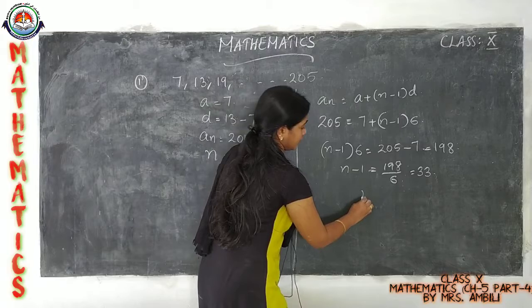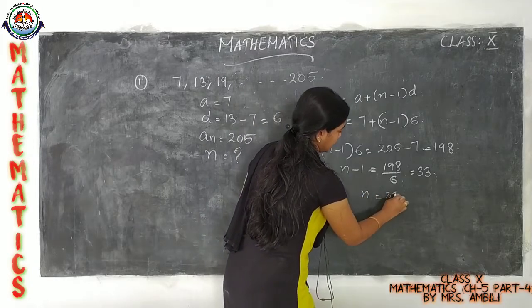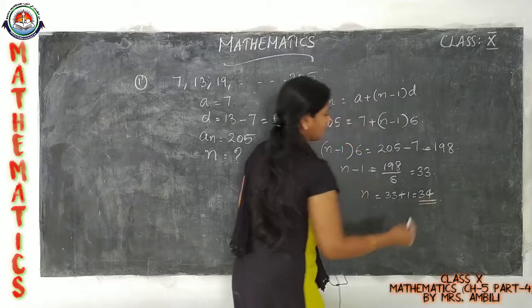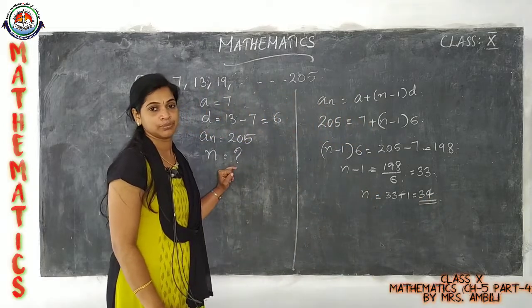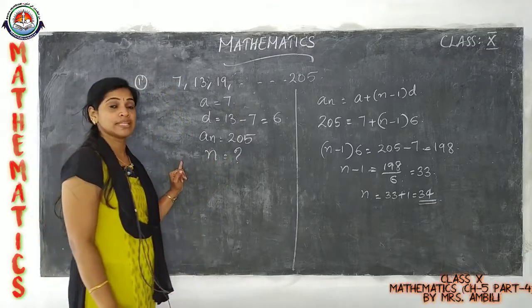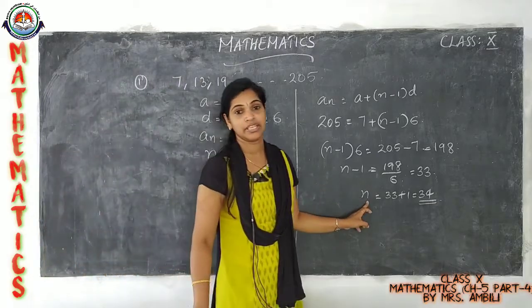So what is n? n equal to 33 plus 1 equal to 34. So now we got the number of terms n equal to 34. So write, therefore the number of terms in the given AP is 34.